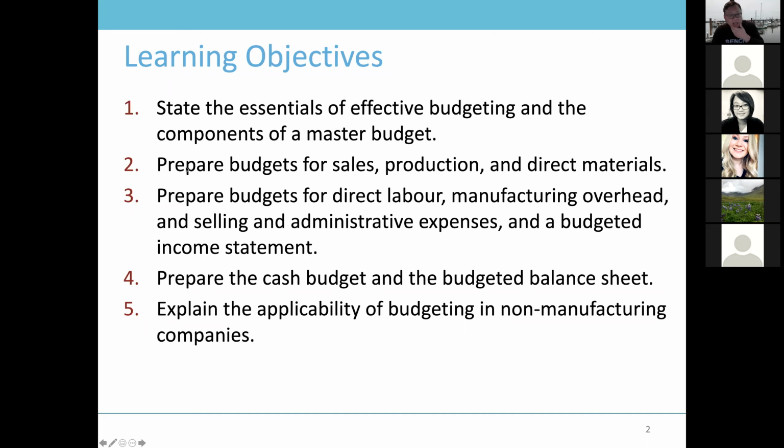The second is to prepare the sales budget, production budget, and direct materials budget. The third objective is to prepare budgets for direct labor, manufacturing overhead, and selling and administrative expenses. With all this, we are able to have a budgeted income statement.